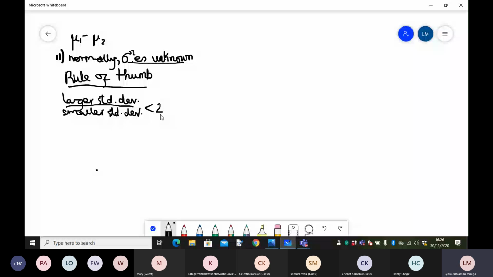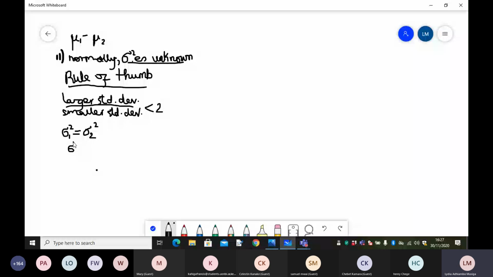Now, you see, if the population variances are assumed to be equal, what are we saying? We are saying that sigma 1 squared is assumed to be equal to sigma 2 squared, because you are considering only two populations. So if we conclude that sigma 1 squared is equal to sigma 2 squared, that is, the population variances are equal, then we need to estimate sigma squared.